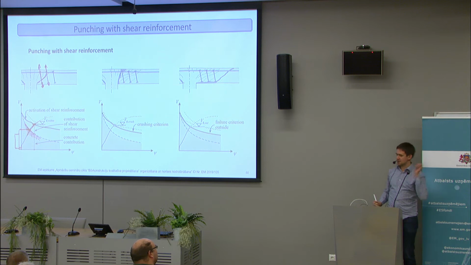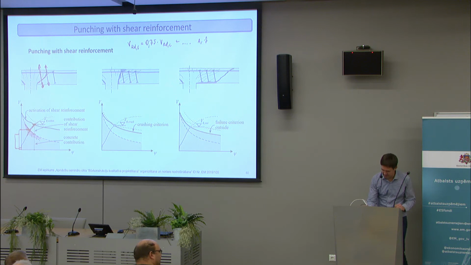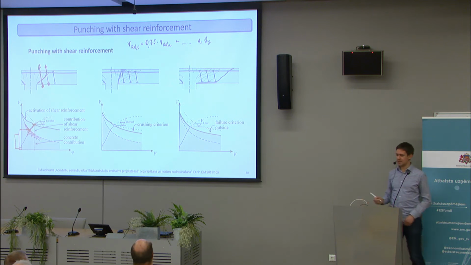This effect is also taken into account in Eurocode 2, because if we calculate the strength of the connection with shear reinforcement, then we take 0.75 times the V_Rd,c plus the part carried by the steel, which has the area of steel and the strength of steel in it. So Eurocode also reduces the concrete contribution when shear reinforcement is present.